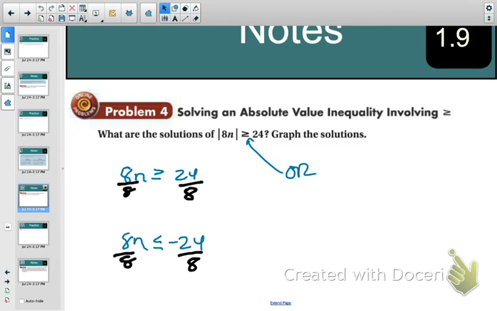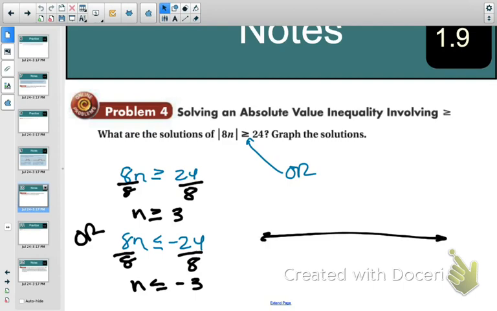So I get n is greater than or equal to positive 3, and n is less than or equal to negative 3. And this again is an AND problem. No, it's an OR problem, sorry. So if I want to graph that, I have my 0 here. We'll just say this is 3, this is negative 3.